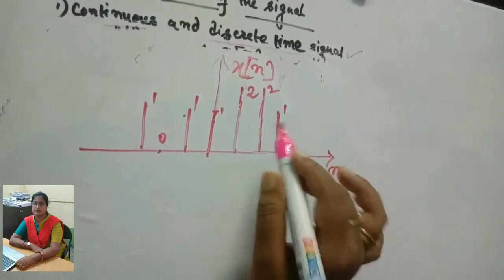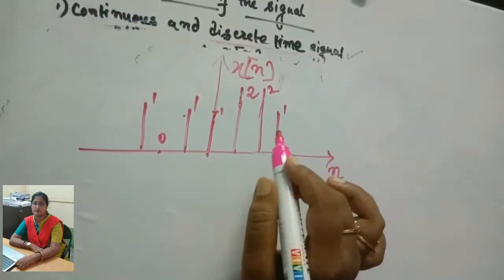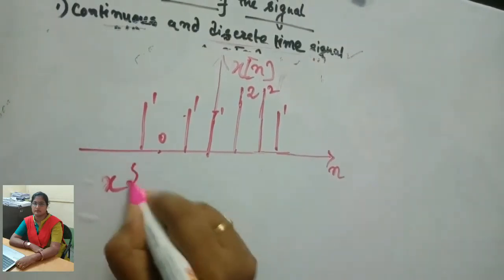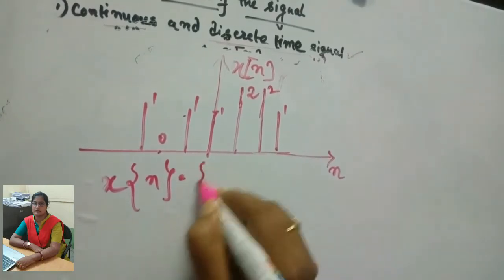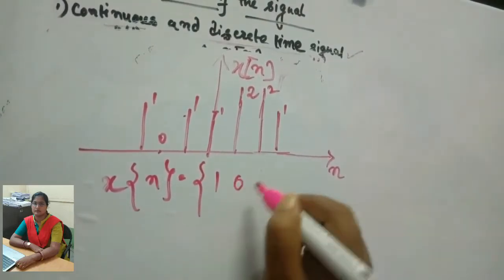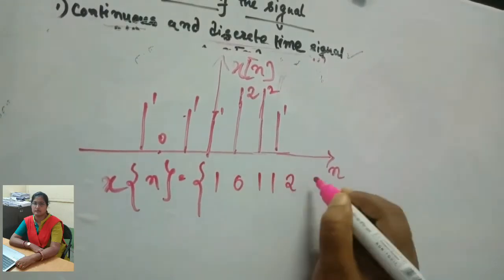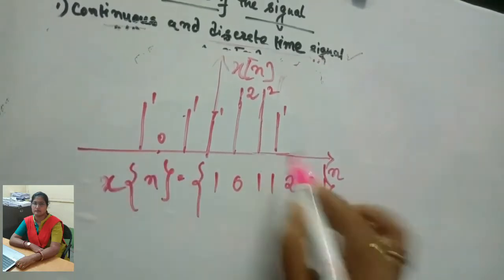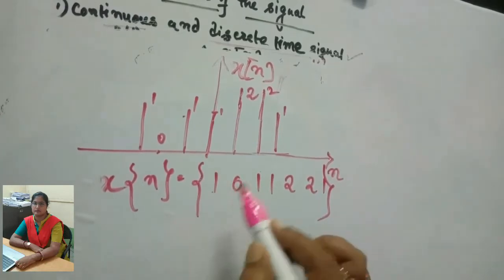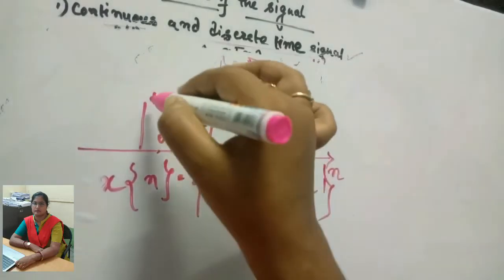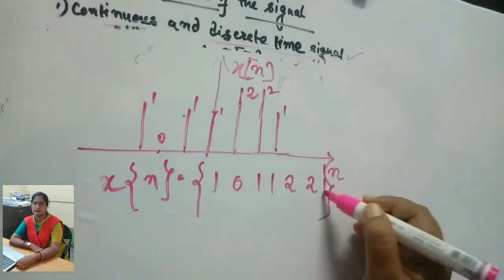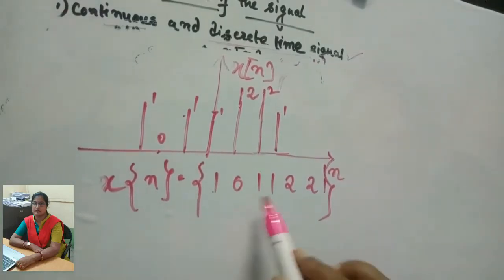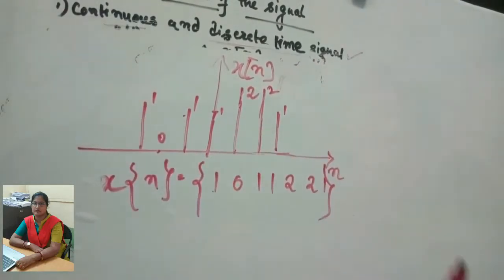If we represent this plot as an equation, from this plot we can write x(n) equals 1, 0, 1, 1, 2, 2, 1, starting from left to right. So, starting from left to right, we have to write all these amplitude values of x(n).